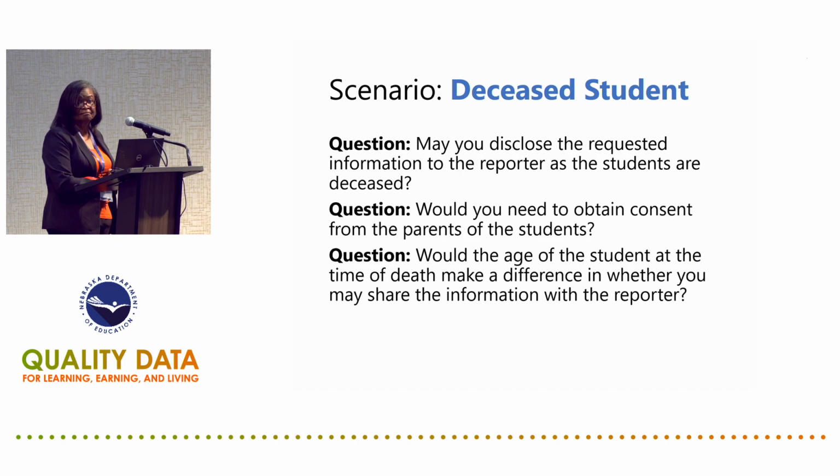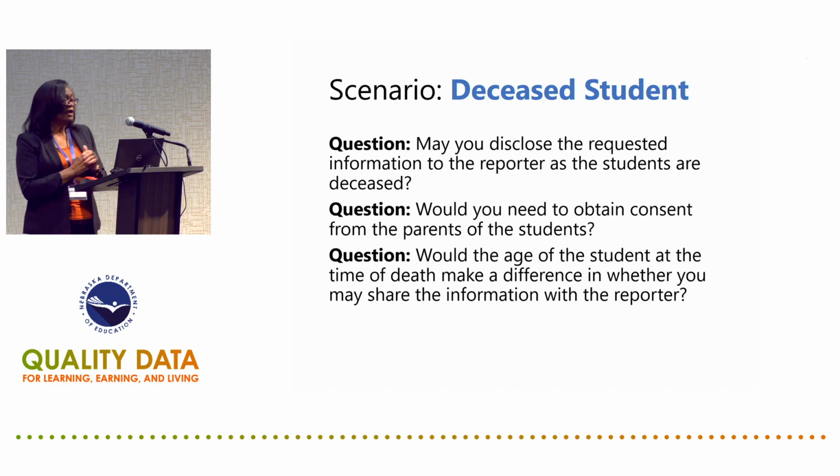Someone asked me a good question in another class I was doing: let's say the child passed under the age of 18 and parents had the rights, what if the parents are no longer alive? Now what? Well, if the parents are no longer alive, those rights have passed for that student. That's how age would matter.